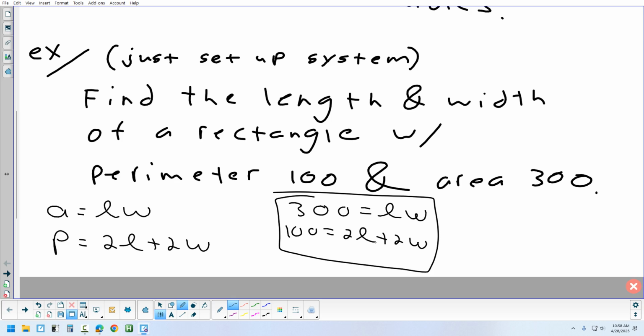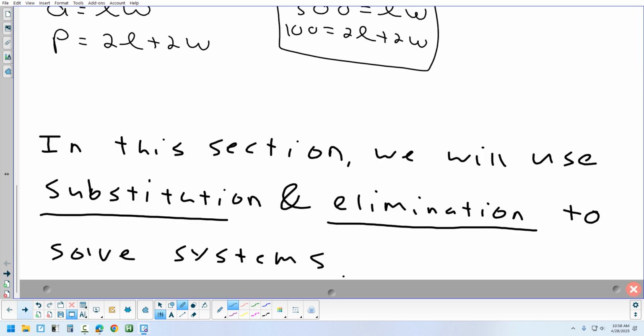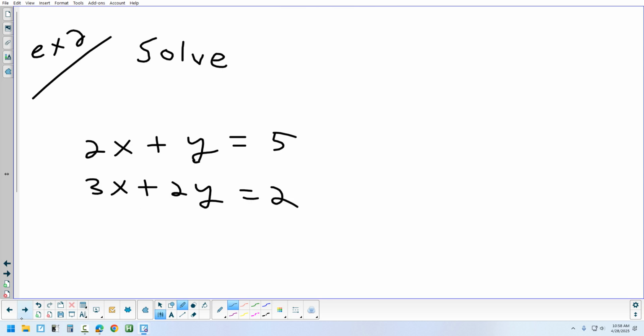All right. Now, the way that you would want to try to solve that problem is with substitution. Elimination would not be a good way to solve that. When you use elimination, you want your equations to look the same, like you have x's in a column, y's in a column, and then numbers in a column.